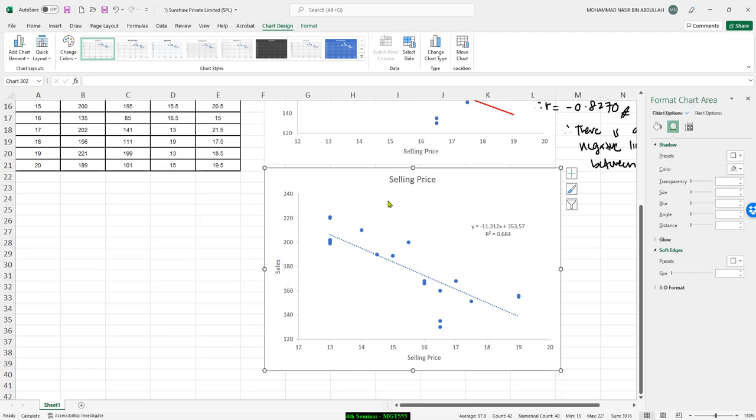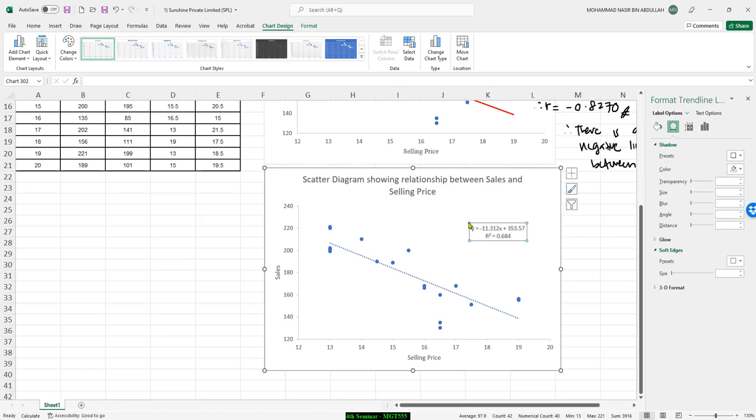And this is the scatter diagram showing the relationship between sales and selling price. Right, so this is our equation.